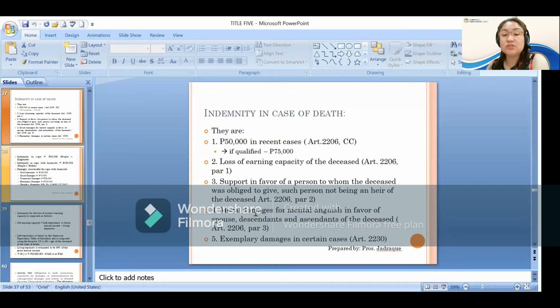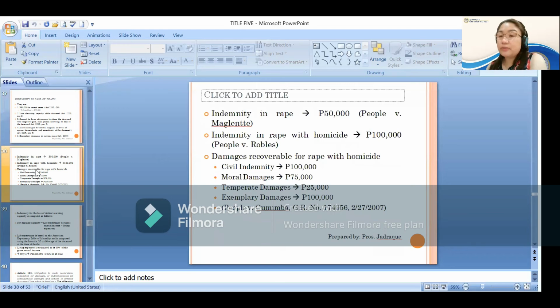So the moral damages there are for the sleepless nights of the spouse, ascendants, and descendants. And then exemplary damages in certain cases, these are granted by the court to set a precedent to correct a wrong, to prevent others from committing the same crime as the accused did.